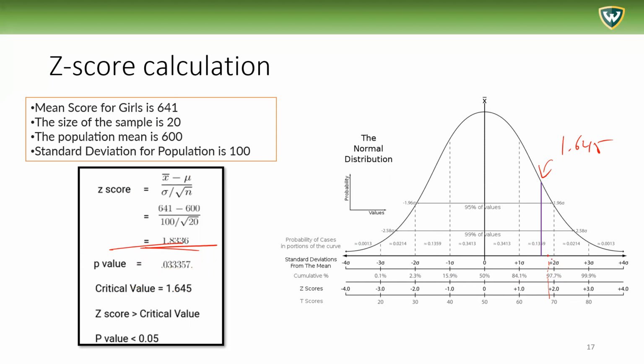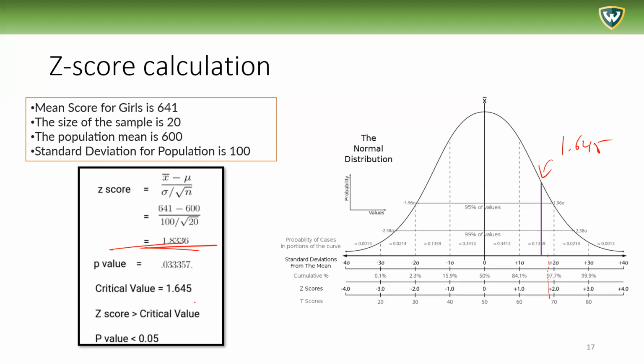So this is not exactly over here. My drawing is not exact, but the p-value is 0.03. And that's the probability of finding this mean, that this new mean is equal to the population mean, which is a very low probability.